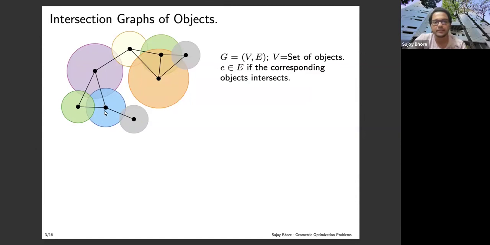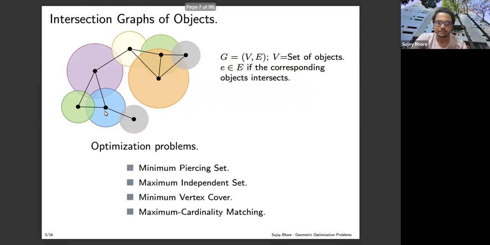For example, here we have a set of disks in the plane, and when two disks overlap, there is an edge between them. We are interested in classical optimization questions, namely minimum piercing set, maximum independent set, minimum vertex cover, and maximum cardinality matching.